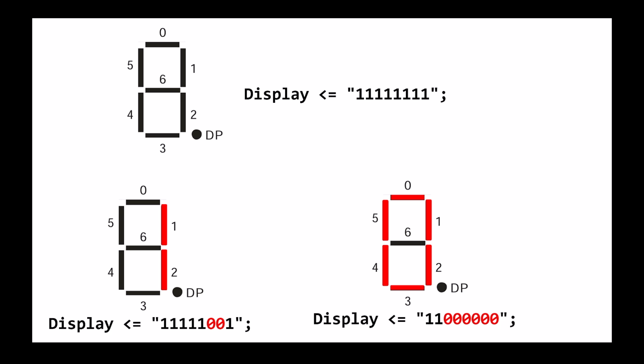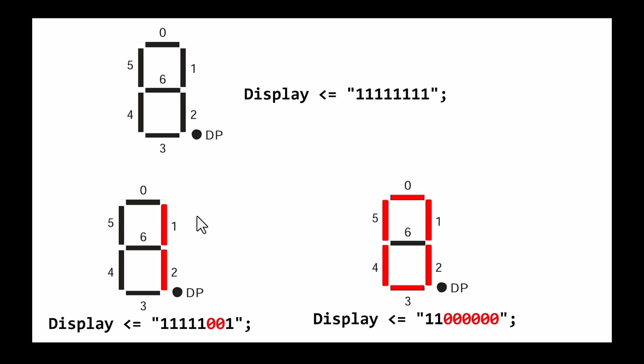If we want to display digit 1, meaning segment 1 and segment 2 must be turned on, then we're going to assign the display vector values of ones, except for bit 1 and bit 2. We're going to give them a value of 0 to turn on the LEDs at index 1 and 2.